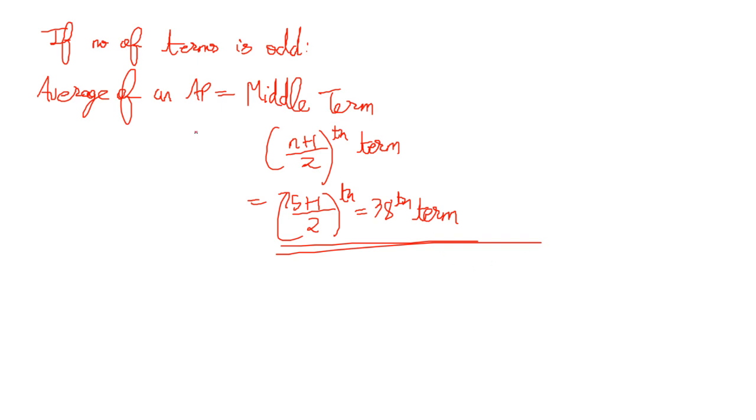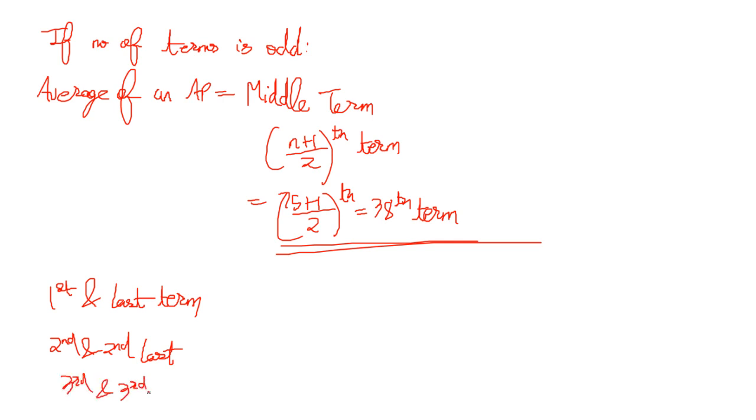But do you know this average will also be the average of the first and last term? It will also be the average of the second and second last, the third and third last, and so on. Let us look at a smaller example. Let me take this AP: 3, 5, 7, 9, 11, 13, 15.